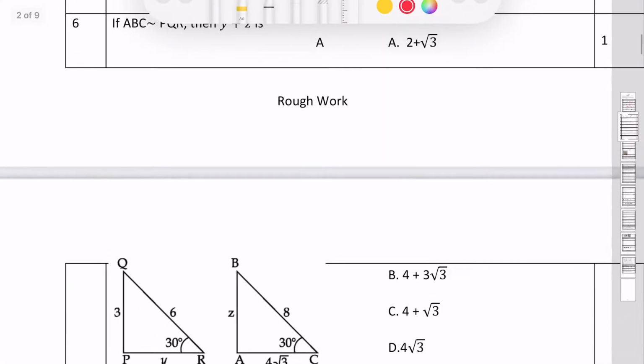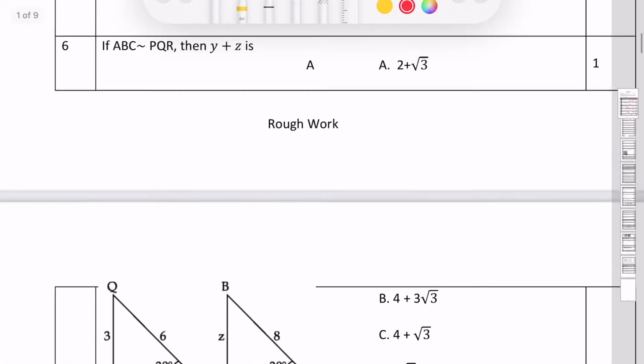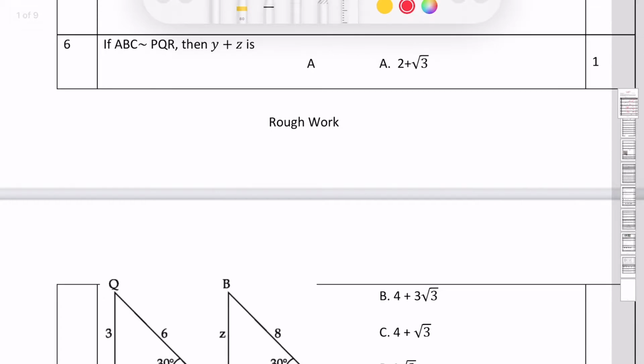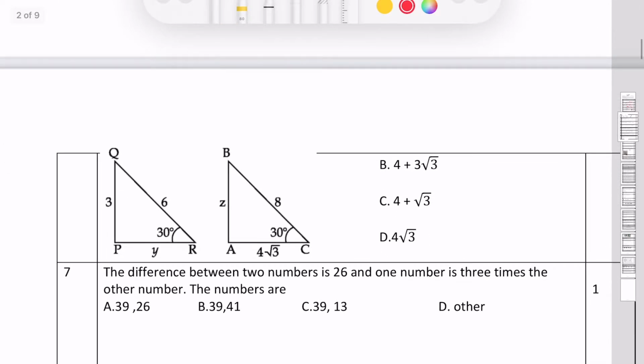Question number 6 is, triangle ABC is similar to triangle PQR, then we have to find out y plus z. If we find out here, tan 30 degree, because it is the relation between P and y, so 3 by y will be what? 3 root 3, as tan 30 is 1 by root 3.